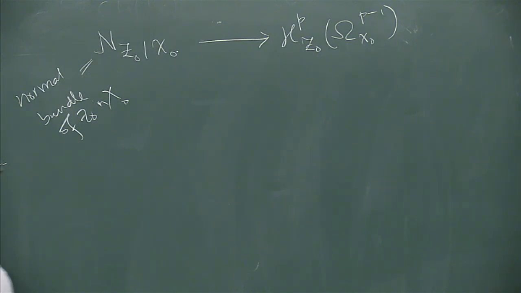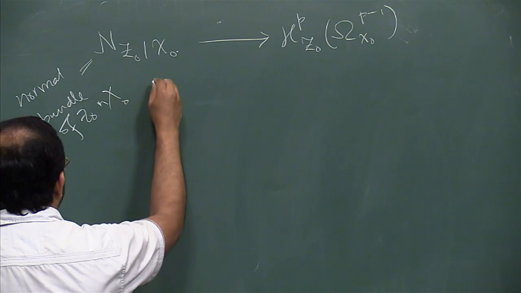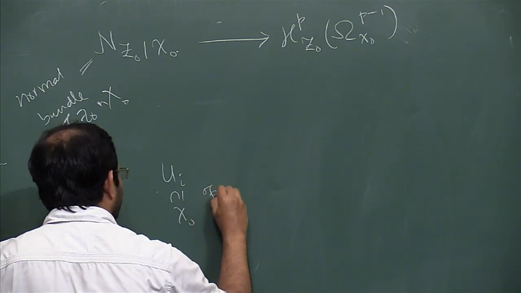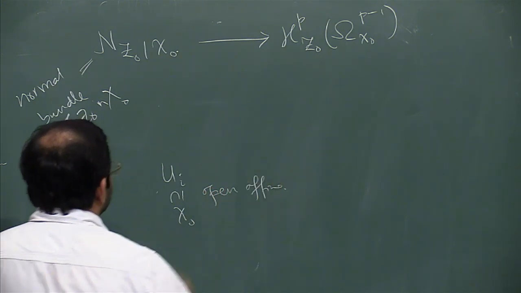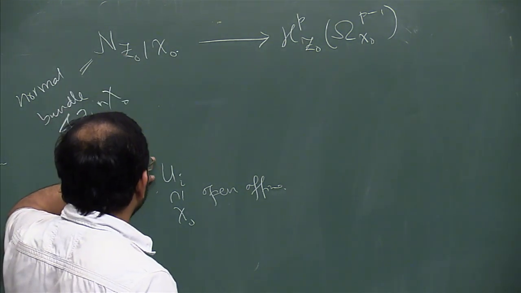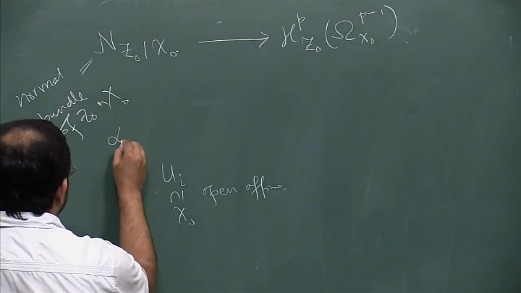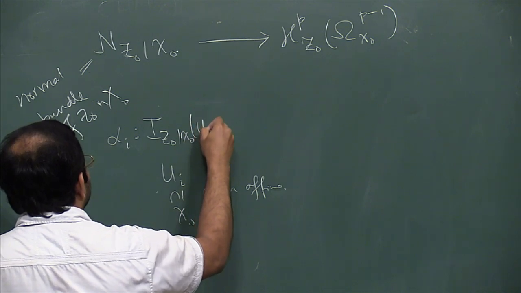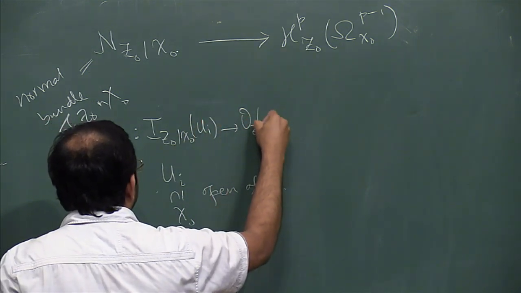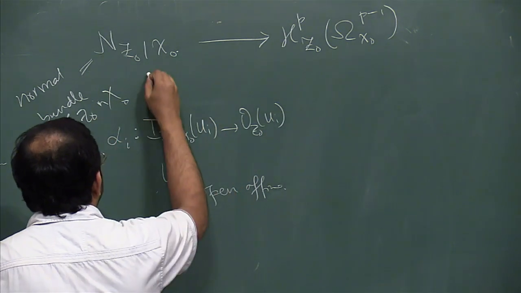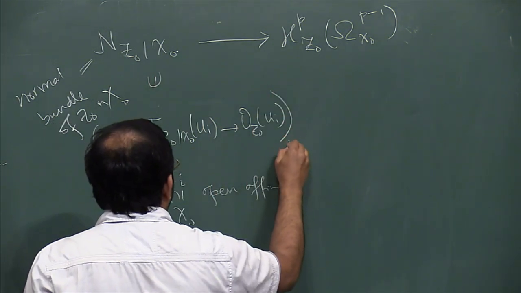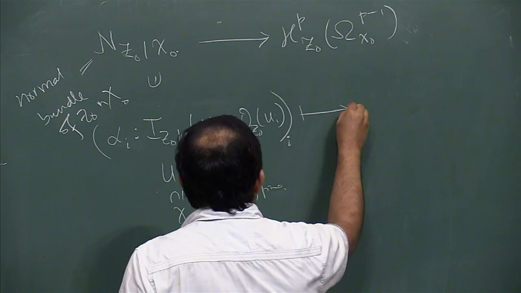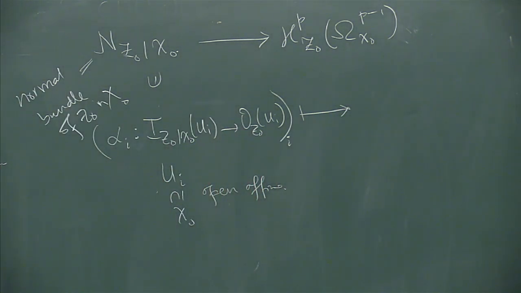So, what I am doing here is, let us just take an open affine subset. Now, a section of this in this open affine is just something which goes from the ideal sheaf to the structure sheaf. And now I want to map this to.